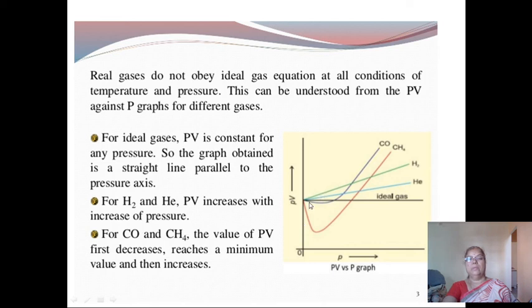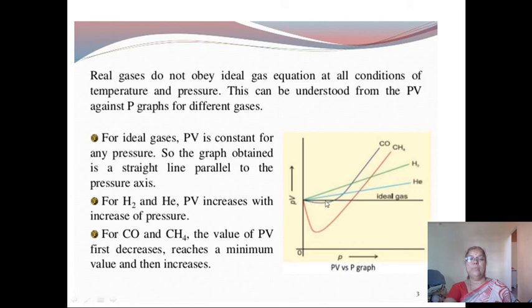Then the PV values in the case of real gases show a decrease in PV value with increase in pressure. It reaches a minimum and then increases with increase in pressure.